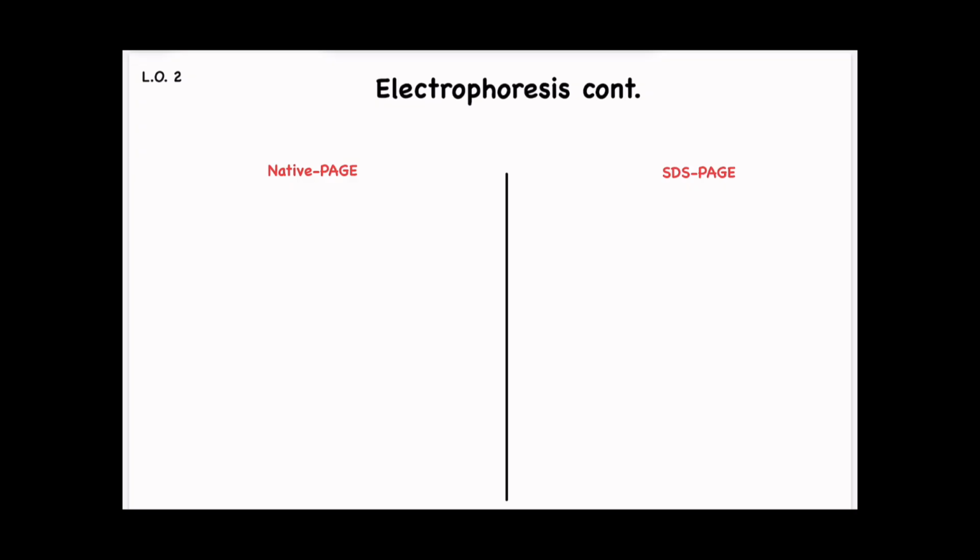So we know that we can separate proteins based on physical properties, but you might be wondering, okay, what if you just want to separate on charge? Or what if you just want to separate by shape or size? What do you do? Well, that's a good question. The technique I was explaining before is what's known as a native PAGE.